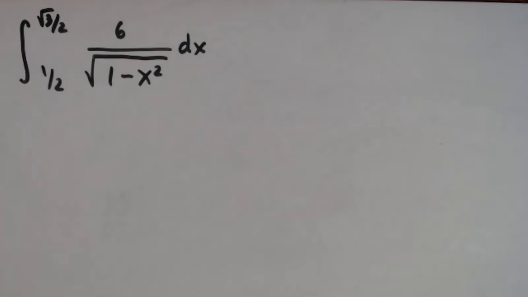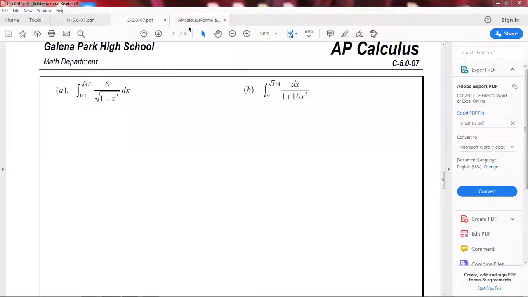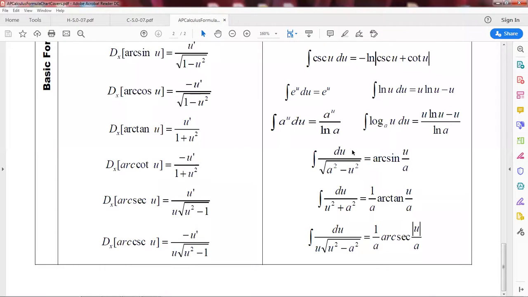So again, I go back to my formula chart and I check, well, I have a square root at the bottom. So I'm going to match this, then. So it's the integral of du over the square root of a squared minus u squared, and this is the arcsine of u over a plus c.